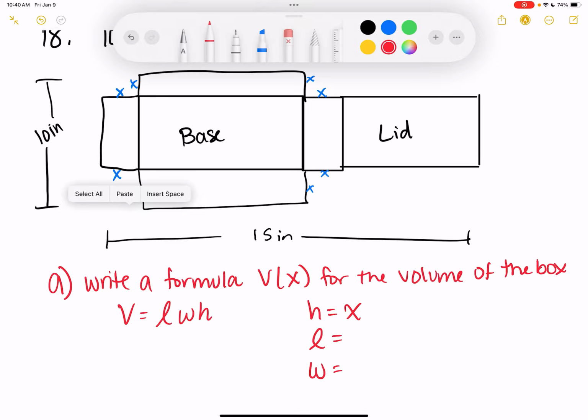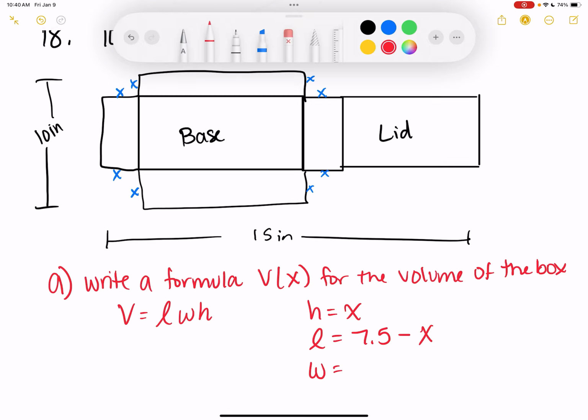So this side and the base is half, and then this side and the lid is the other half of the cardboard. Okay. So the length is going to be 7.5 minus the value that I cut out, which was X, because that's the length of the sides. So I'm taking that off by doing this. Then the width, I'm doing the same way.